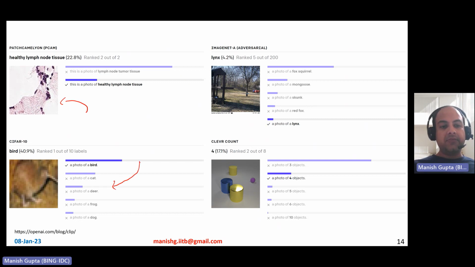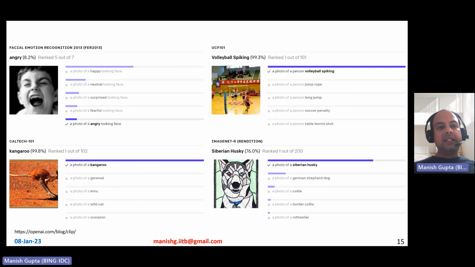There's the popular CIFAR10 data set, right? This is an adversarial data set which basically asks for presence or absence of a particular animal in a large setting. So you have to basically look at this animal and quickly predict which of them it is. The CLEVR data set, which is about synthetic objects and so on.